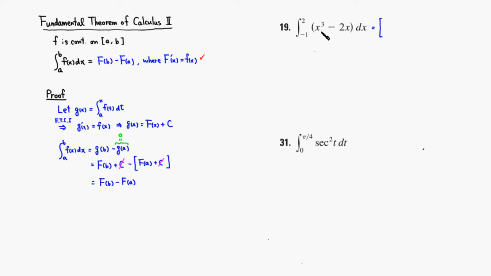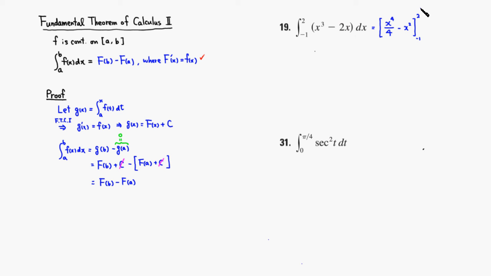The antiderivative of x cubed is add 1 to the power, so 4, and divide by that power, 4. Just the power rule. And the antiderivative of negative 2x would be negative x squared. Then you're going from negative 1 to 2.